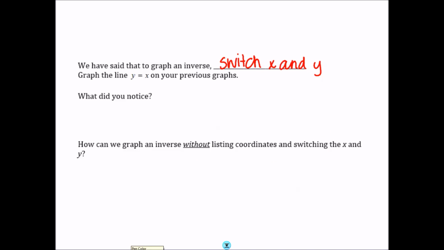So, how can we find the graph of the inverse of a function without listing coordinates and switching the x and y's? You can reflect the graph over the line y equals x.